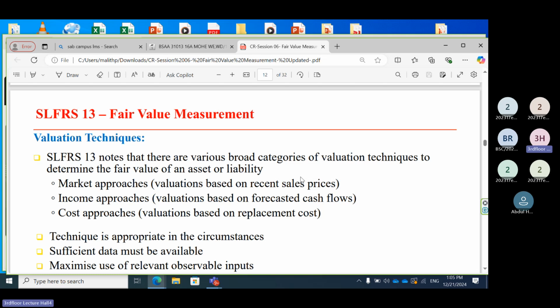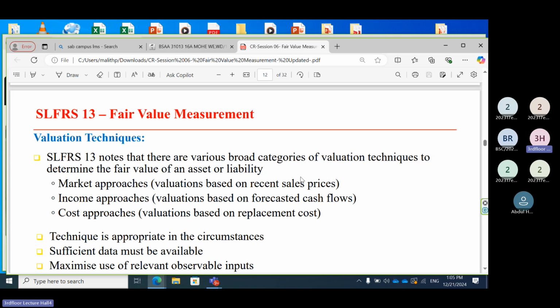Maximum use of relevant observable inputs. As I said, once you are making your decision, you have to give priority to observable inputs. Don't depend on unobservable inputs. So stakeholders always focus on observable inputs.